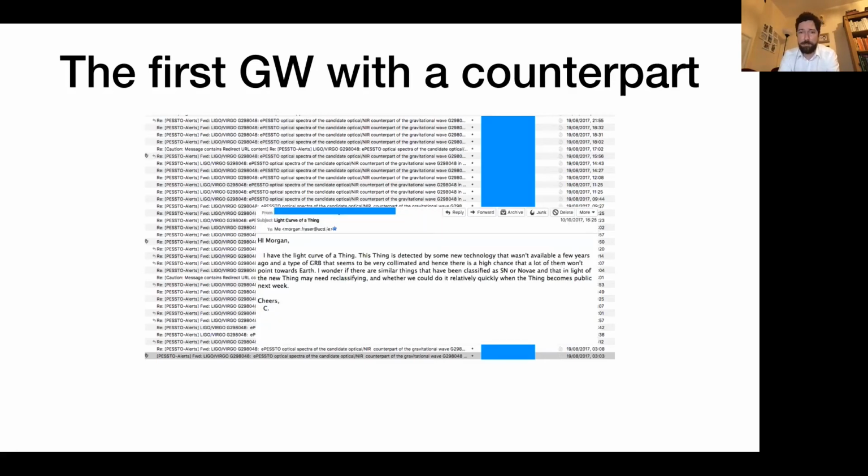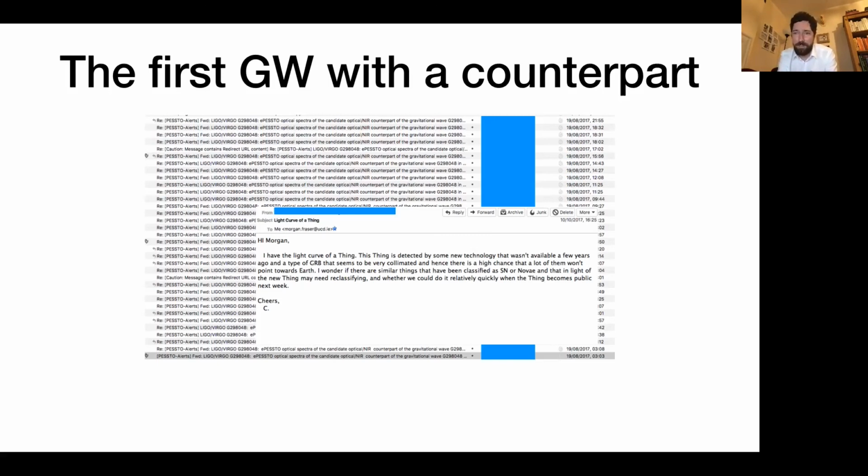So a friend of mine sent me an email saying, I have the light curve of a thing. This thing is detected by some new technology that wasn't available a few years ago. Can we talk about the thing? I said, I think I know what you're talking about. And you say, oh, right, okay, we can talk. So it was a very fun time.